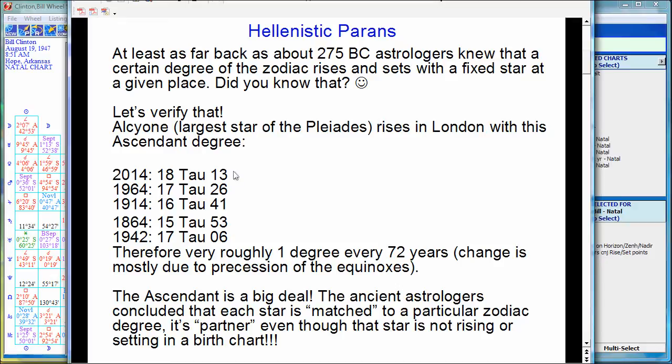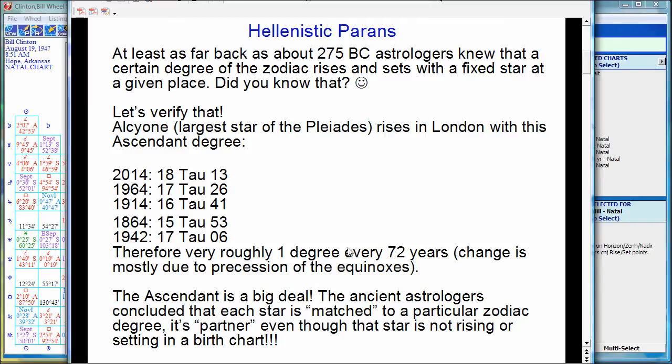So it is true that, say, over a year or a few years, within a few minutes of arc, Alcyone, in this case, is connected to 18 Taurus 13 in the year 2014. Connected meaning that whenever Alcyone rises in London, this is not true in other locations, but in London or any other place with the same latitude, when Alcyone rises, the ascendant is 18 Taurus 13.